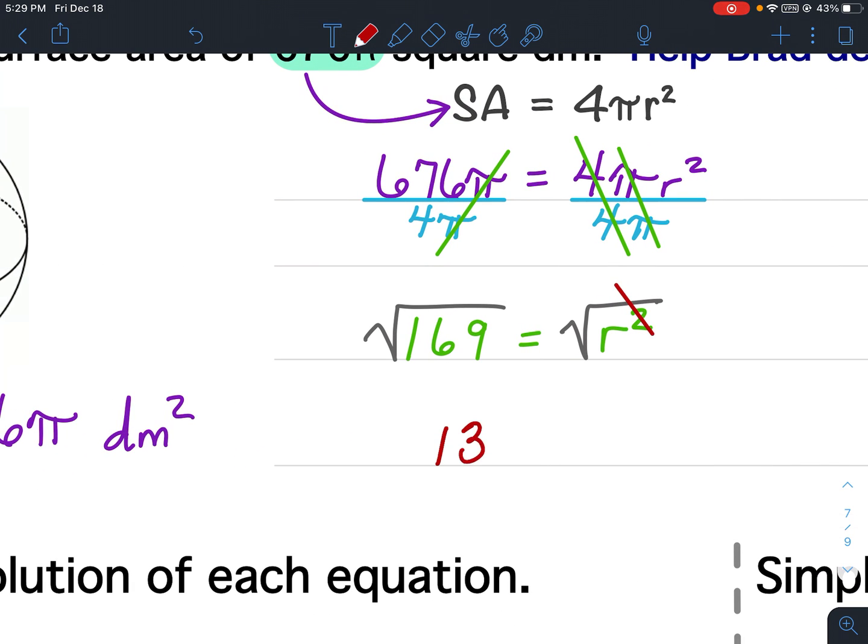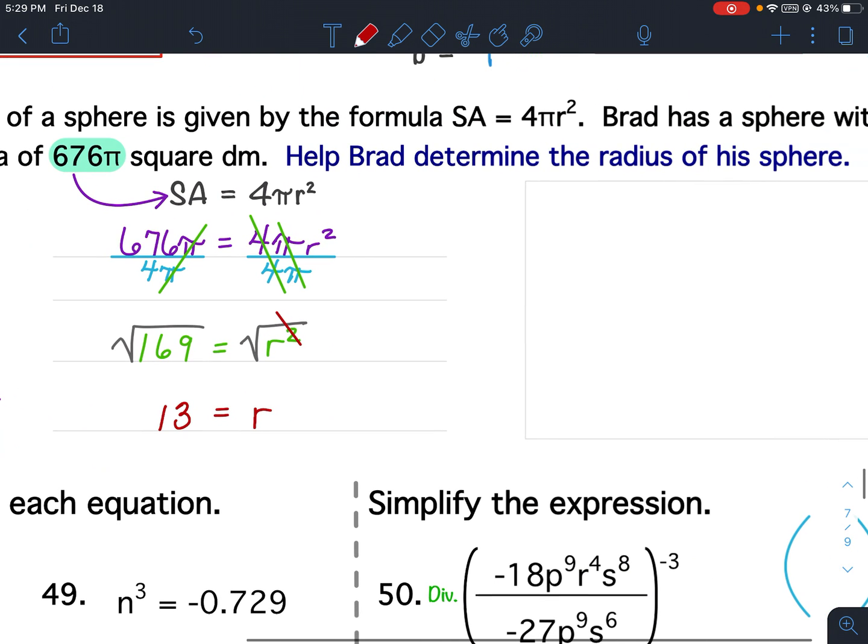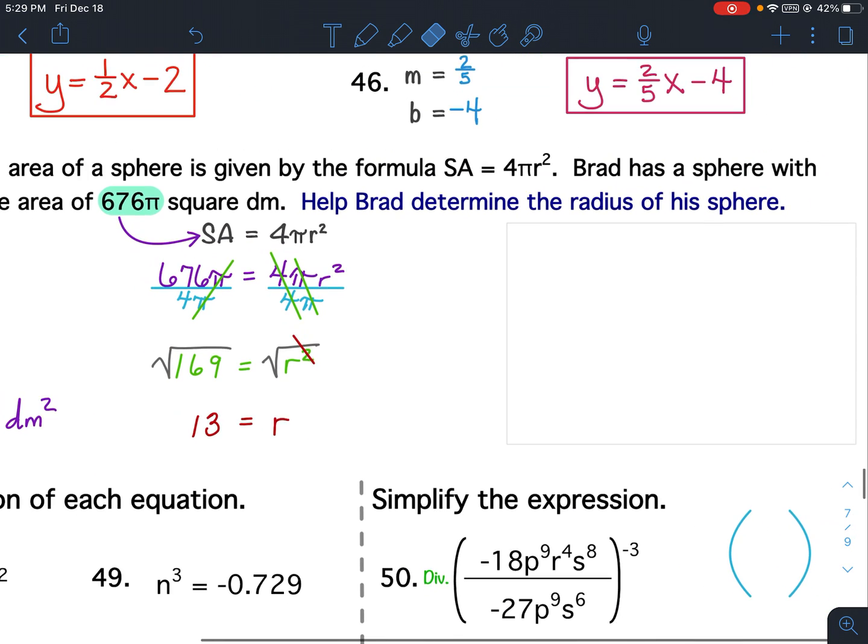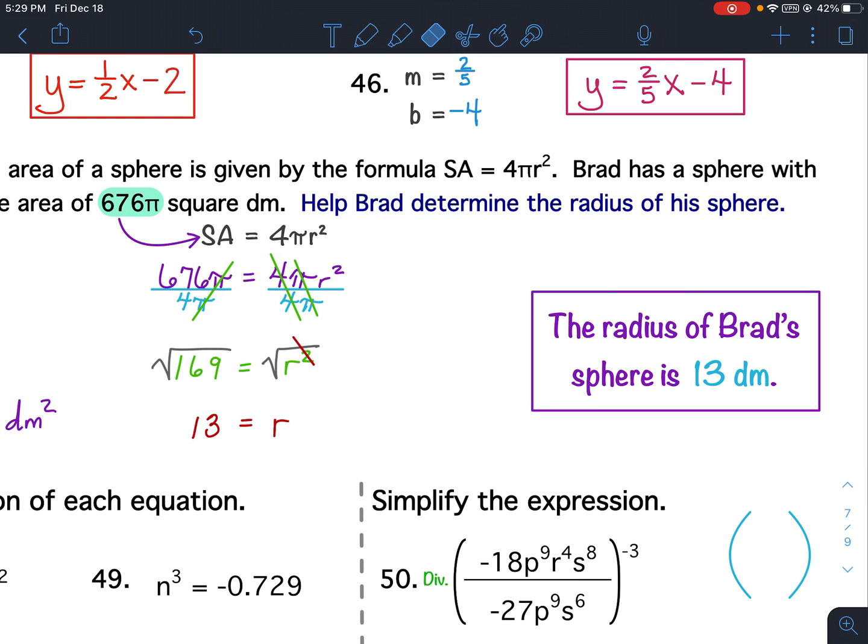So 13 equals r. Now this is a word problem, so our word problem needs to be answered using words. The radius of Brad's sphere is 13 decimeters. Pause your video, get all of that written down.